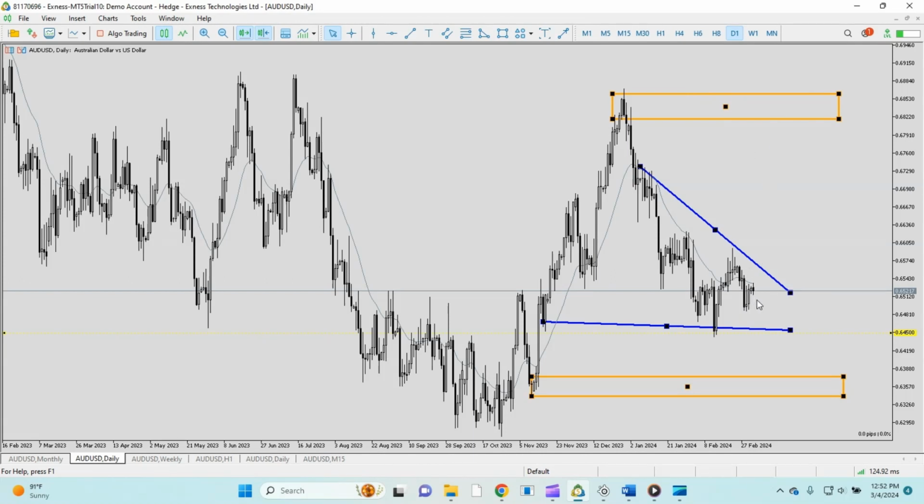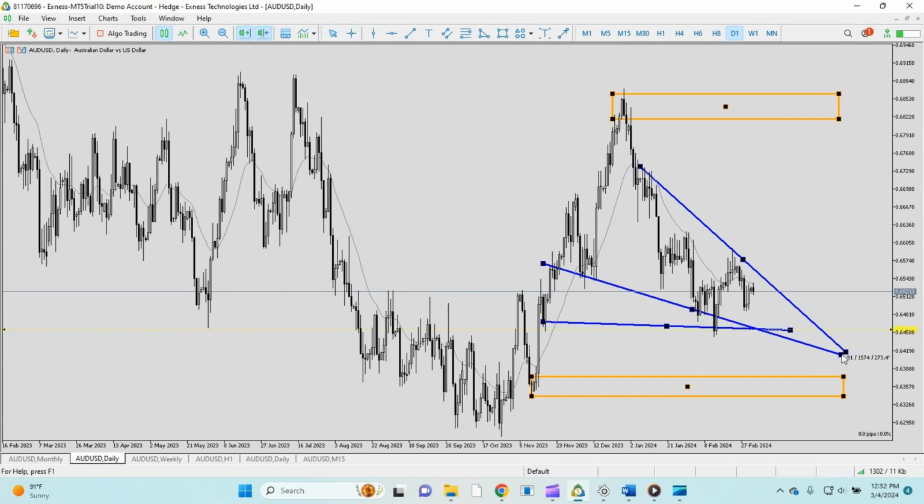So anything can happen. In addition to that, there is also a developing triangle. The triangle is beginning to develop, so we will be waiting for the break and retest of this triangle.